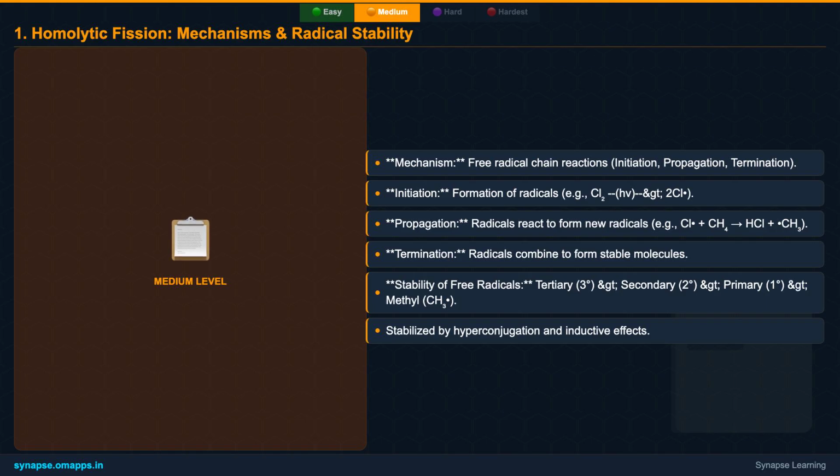Tertiary free radicals are the most stable, followed by secondary, primary, and then methyl, thanks to effects like hyperconjugation and induction. The energy required to break a bond homolytically, known as bond dissociation energy or BDE, also plays a key role. Weaker bonds with lower BDEs break more easily. Think about the halogenation of alkenes as a classic example.